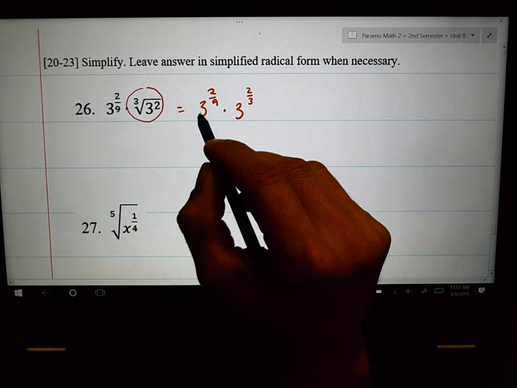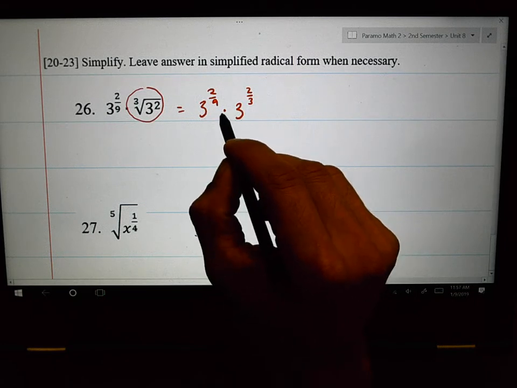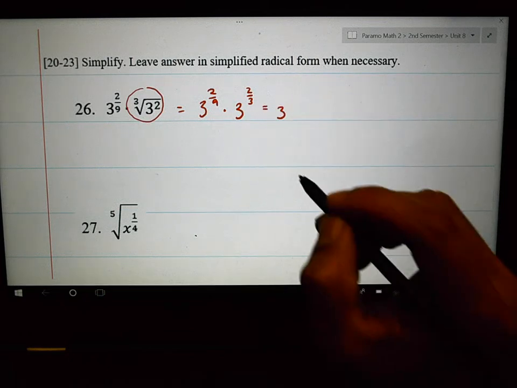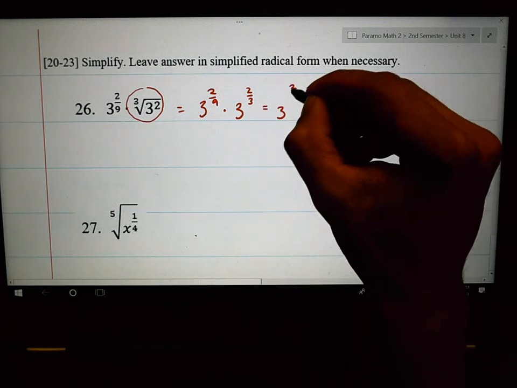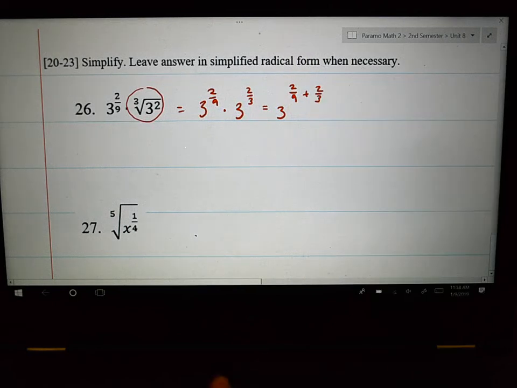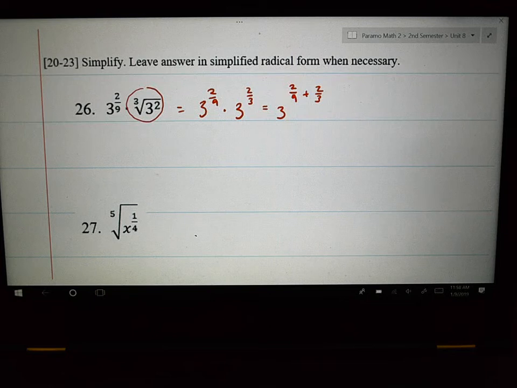If you have 2 bases that are the same and they're multiplying, what do we do with the exponents? Absolutely, we add them. So I'm just going to write out, this is 3 to the 2/9 power plus 2/3. Now because you're adding fractions and you don't have a calculator, you need to find a common denominator.